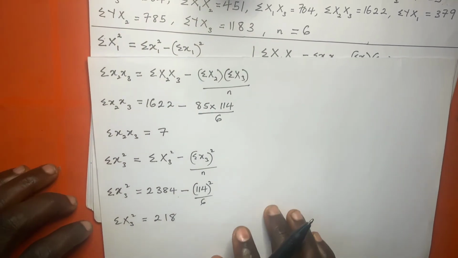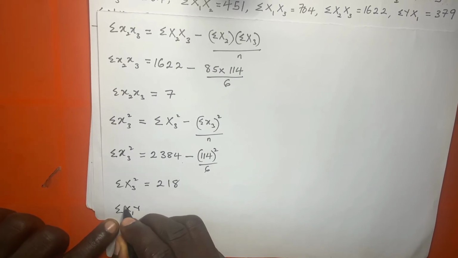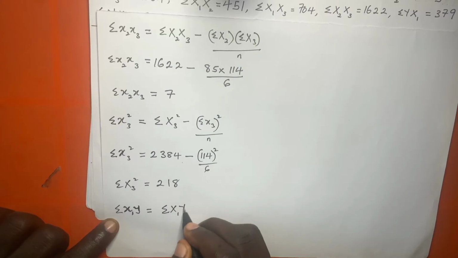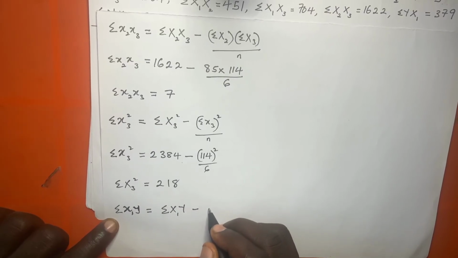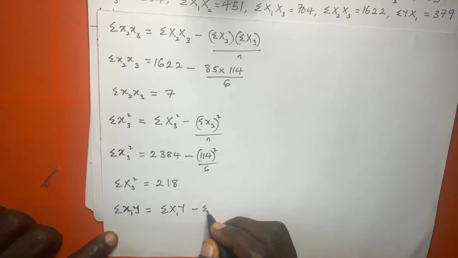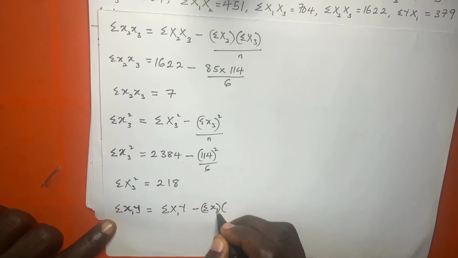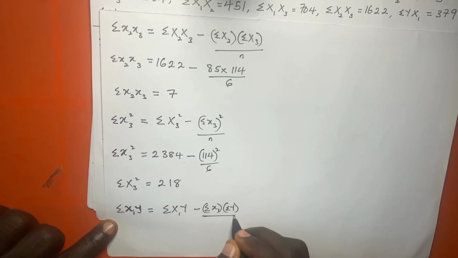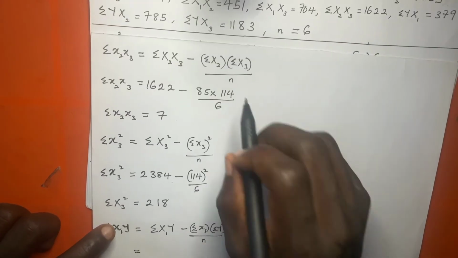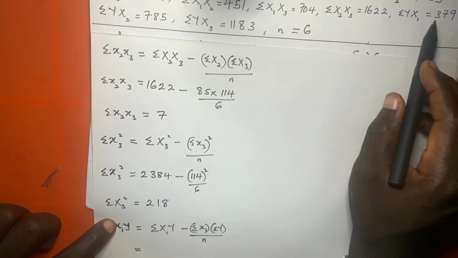Summation x1y equals summation x1y minus summation x1 multiplied by summation y divided by n. Summation x1y from here is 379.